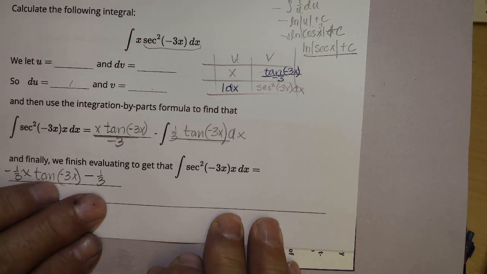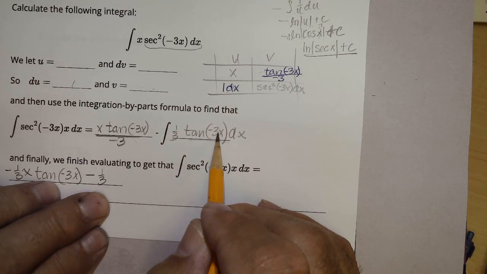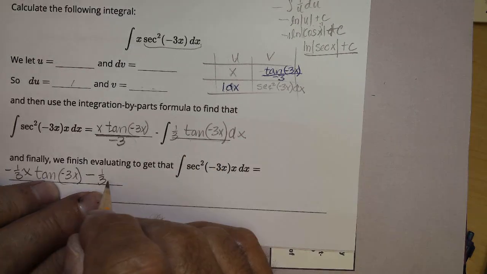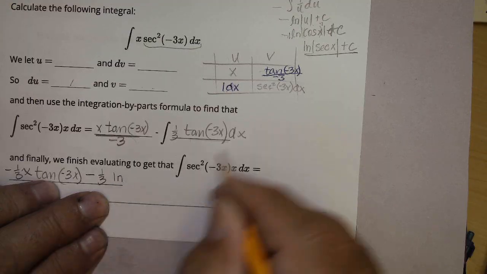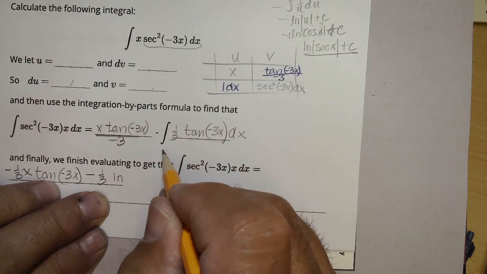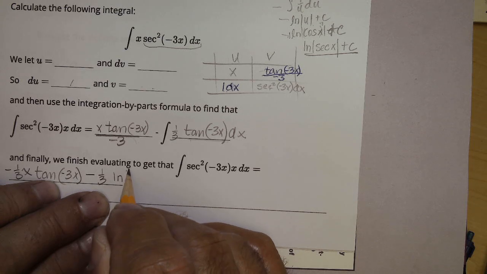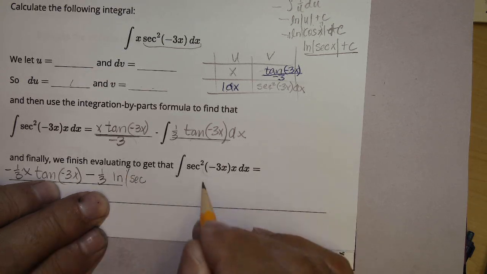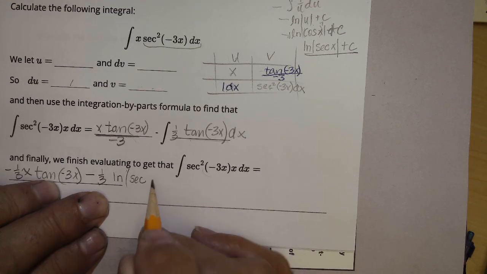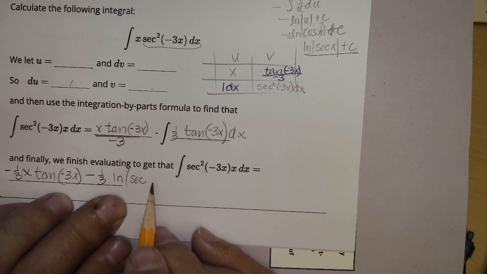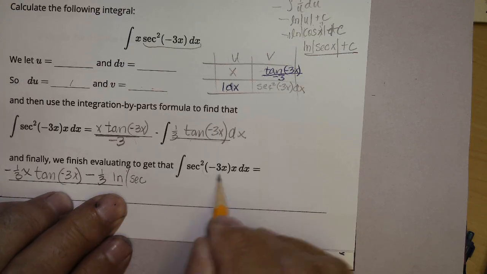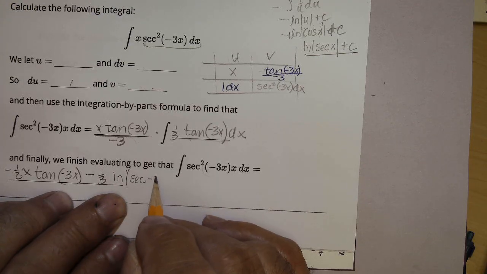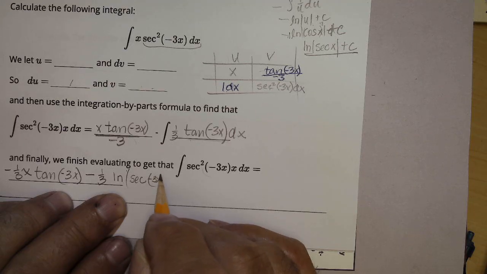Now, I didn't do that step in class today, showing you that, but so I can go down here and say, okay, I got 1/3 the antiderivative of tangent, which will be ln of secant of my angle, which is negative 3x.